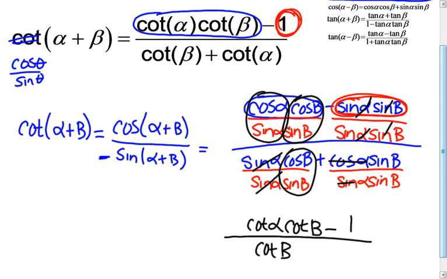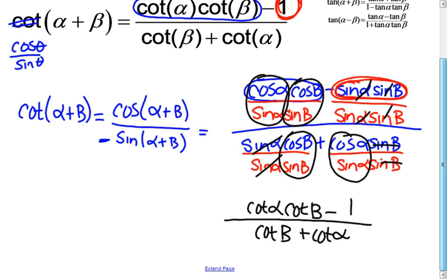Over here, the alphas cross out. Oops, sorry, I just crossed off the wrong thing. Let me undo that for you. All right, sorry, the sines cross out, and you have cosine alpha over sine alpha, which of course is cotangent alpha. And that is exactly what we needed it to be, so we did it.